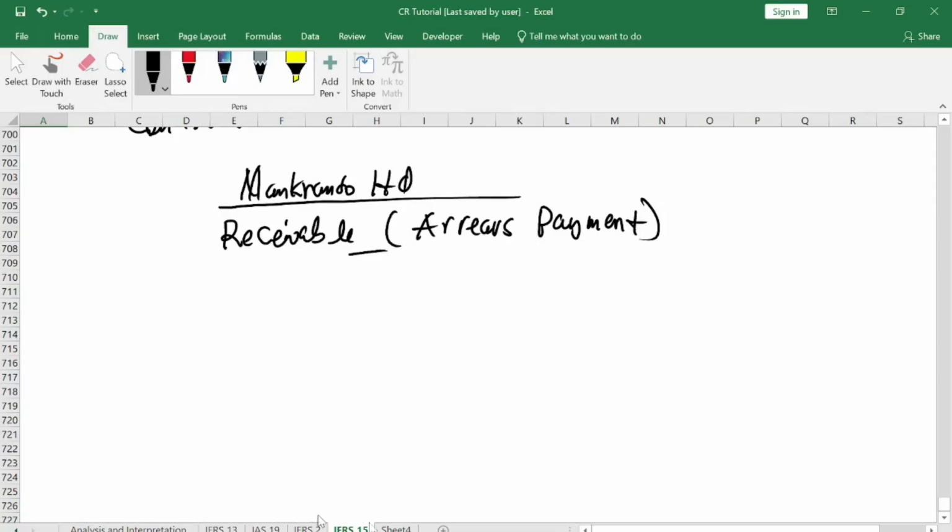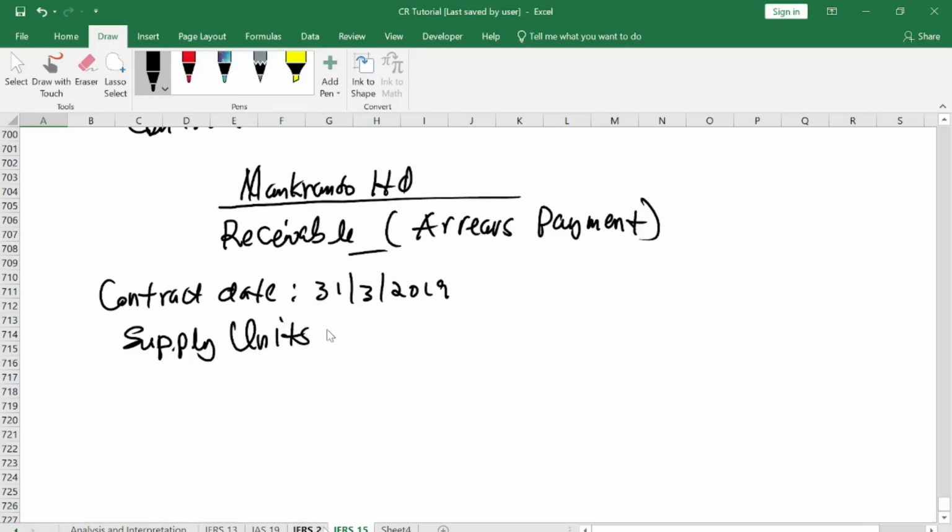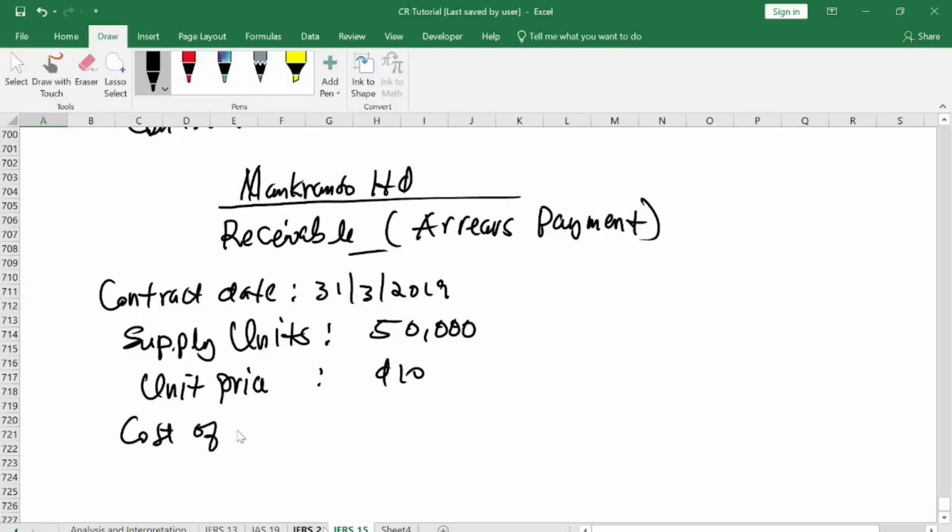When you look at the question, you realize that the contract date was 31st March 2019. They went into a contract to supply 50,000 units. The unit price of the contract is 10. And they've given you the cost of capital of the company, which is 10%.